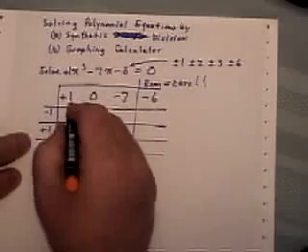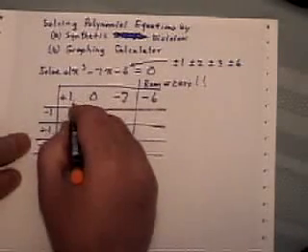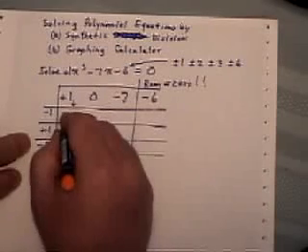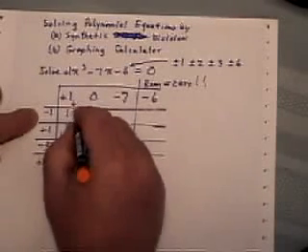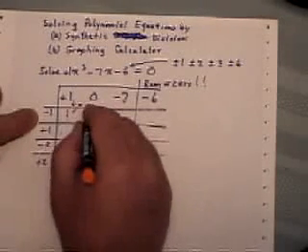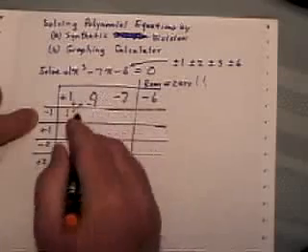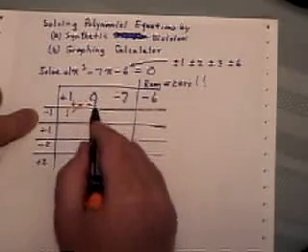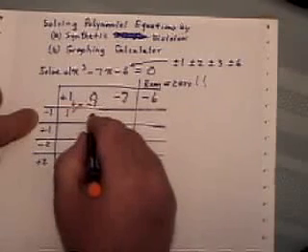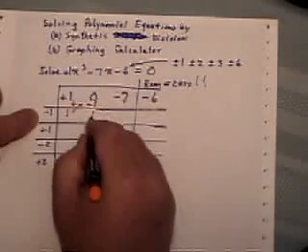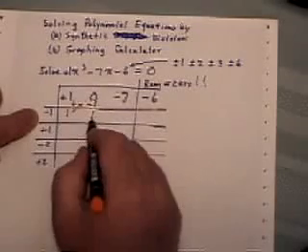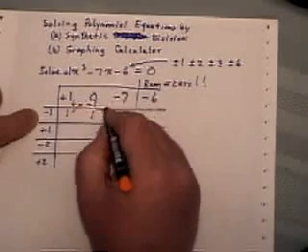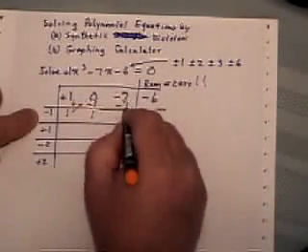Okay, let's do the first thing. Bring down a plus 1. 1 subtract 1 is 1. Multiply sideways. Negative 1 times positive 1 is negative 1. I'm subtracting here. 0 subtract negative 1 is positive 1. Negative 1 times positive 1 is negative 1.